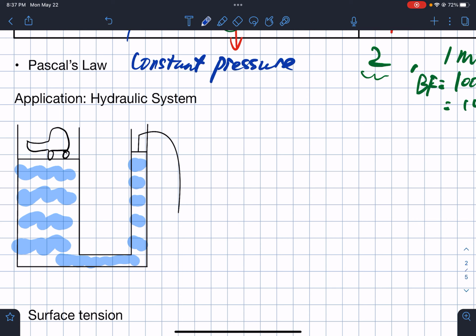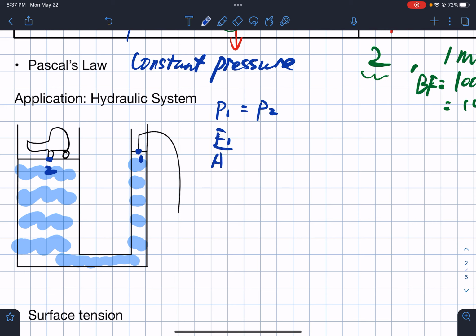Let's say this point is point 1 and this point is point 2. They have the same amount of pressure, so P1 equals P2, according to Pascal's law. And according to the definition, pressure is force per area.